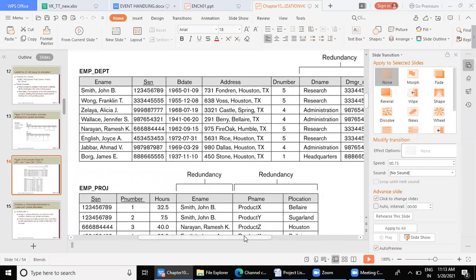Whenever a new employee joins, sometimes it could be a rare situation that the employee has been taken, but you have not yet decided which department to put them in. So when you write such an employee's details, you can write only up to address, but the department number, department name, and department manager's SSN number will remain blank.